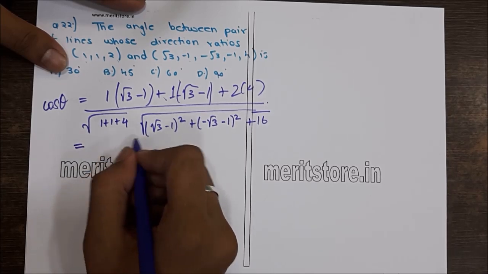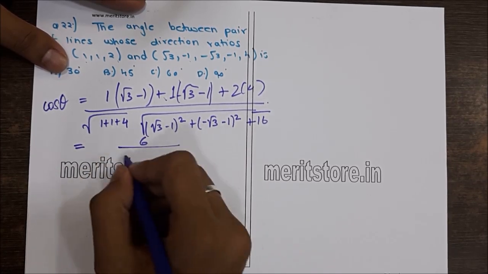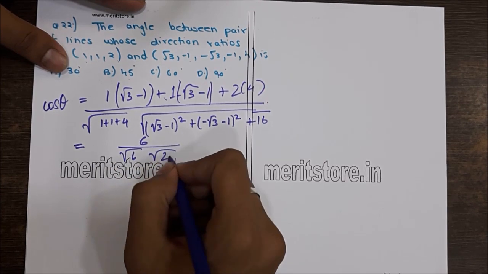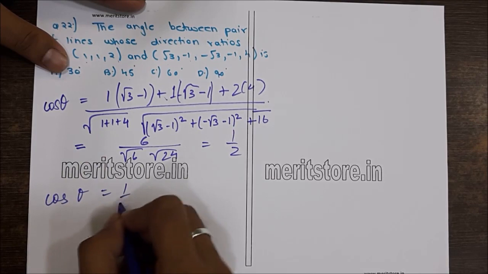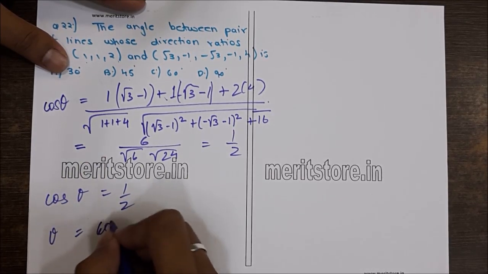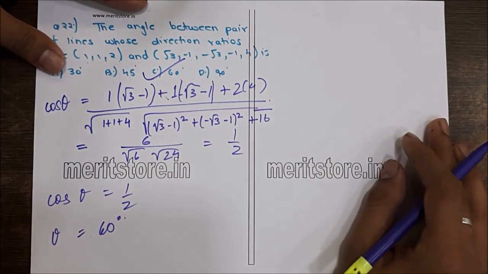Further simplifying this, we'll get our answer as 6 by 6 and root of 24, which is equal to 1 by 2. So here we get the value of cos theta is equal to 1 by 2. So we'll get the value of theta is equal to 60 degrees. So our correct answer is option C.